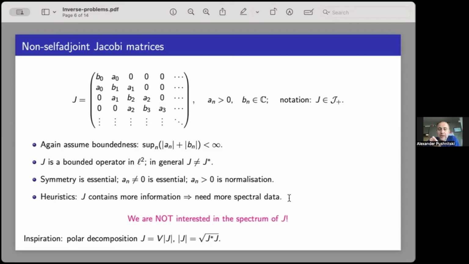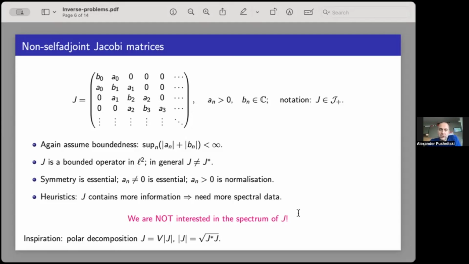Indeed, we will see that if in the classical case we reconstructed matrices from a measure, from a single functional parameter, here we will have two objects: a certain measure and a certain function. This function will somehow encode the fact that these B_n are complex. We'll get to this in the next couple of slides.